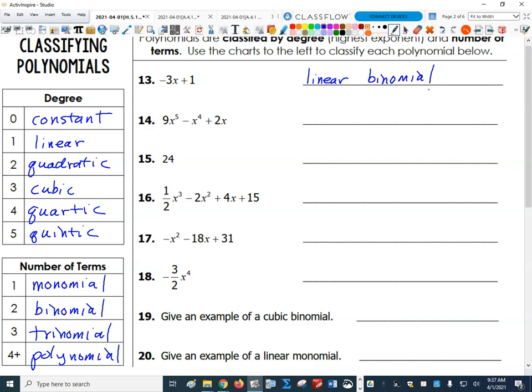Quintic trinomial. There you go. Number 15. Constant monomial.